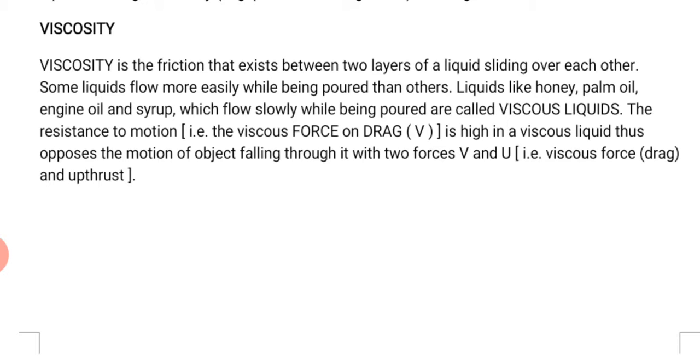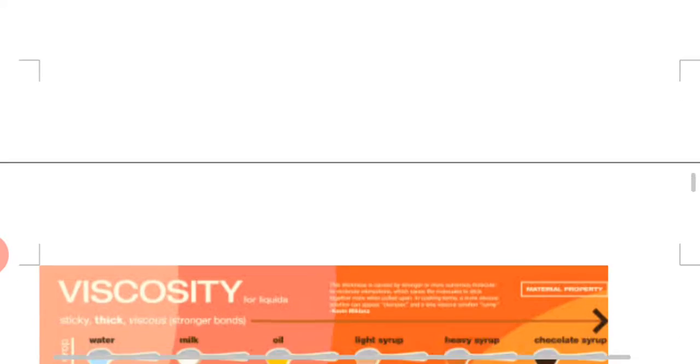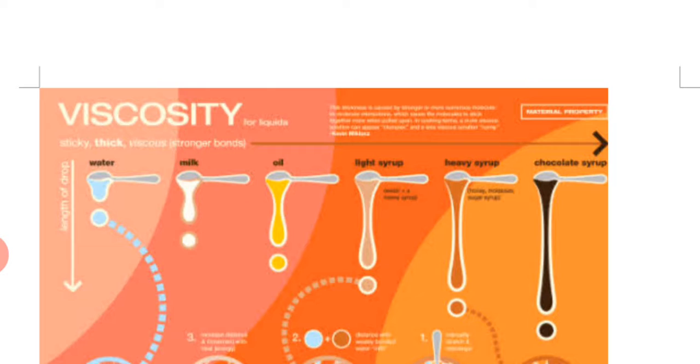That V is the viscous force and U is the upthrust. The diagram shows more on viscosity. We have water when poured. You can see how it moves.